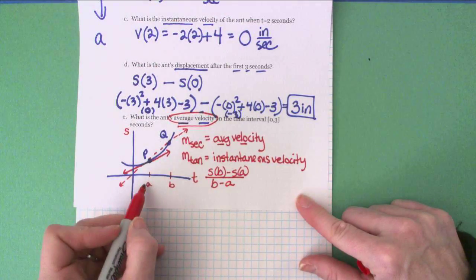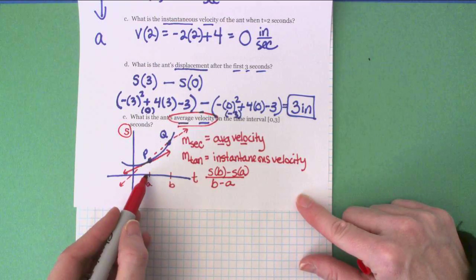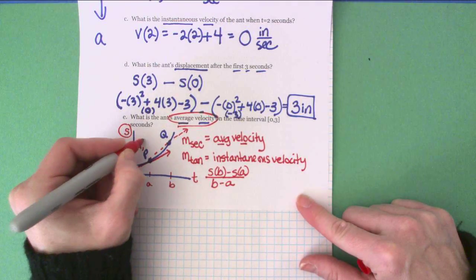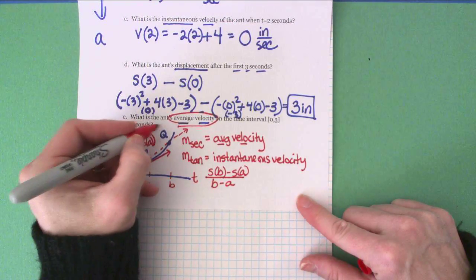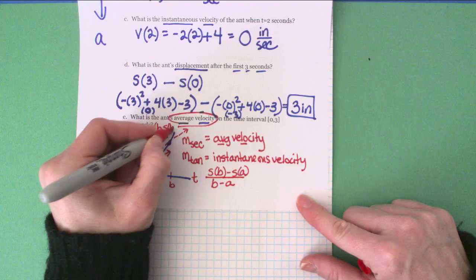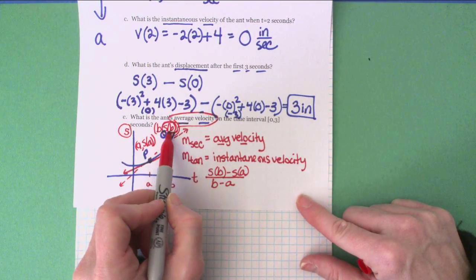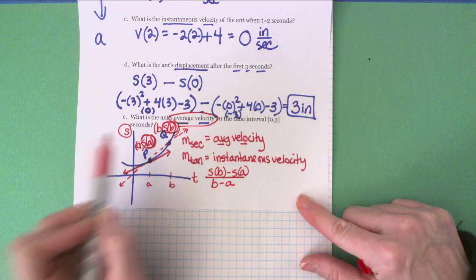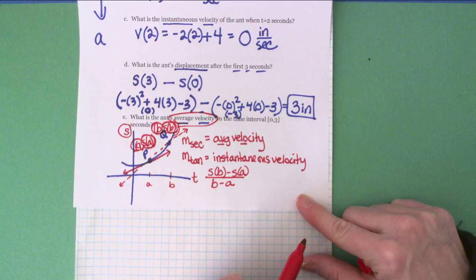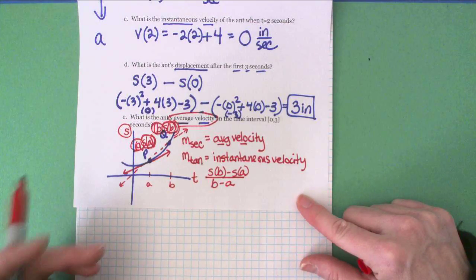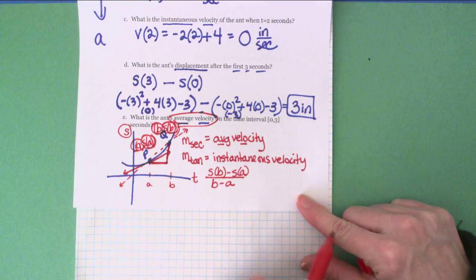So what ends up happening is if this is an S graph, then the coordinates at P are A, position at A, and your coordinates at Q are B, position at B. So you can see the slope coming to life. S of B minus S of A all over B minus A, and that's giving me the slope of the secant line in whatever units. In this case, it would be inches per second for the ant.